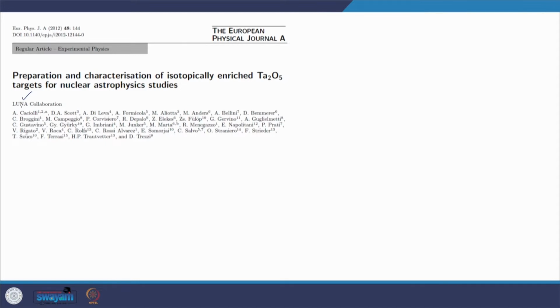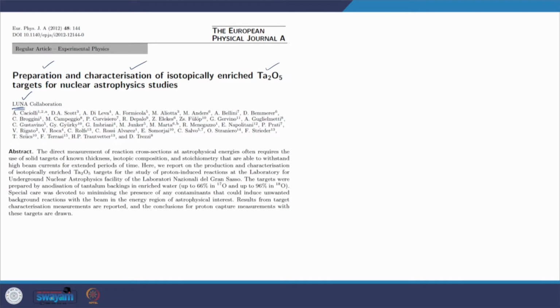The LUNA collaboration has come up with wonderful experiments and reported data on many nuclear reactions relevant for nuclear astrophysics. In this paper you can see the preparation and characterization of isotopically enriched tantalum oxide targets for nuclear astrophysics studies. Let me quickly read the abstract.